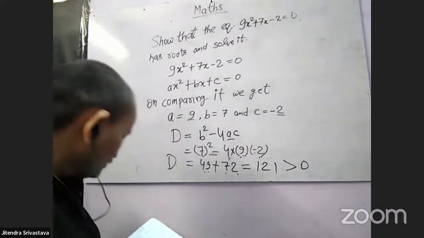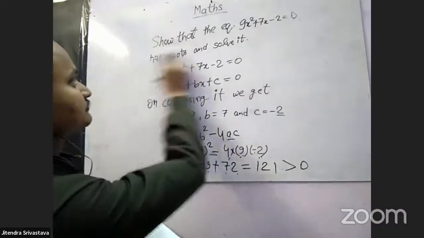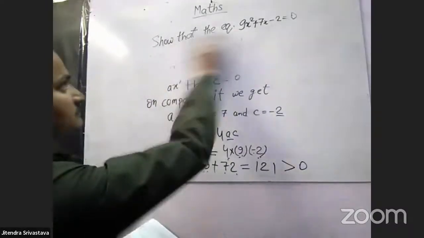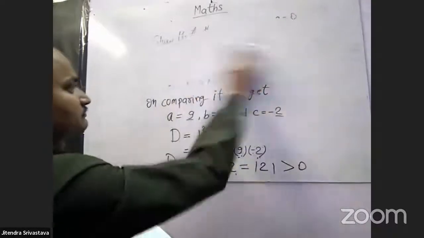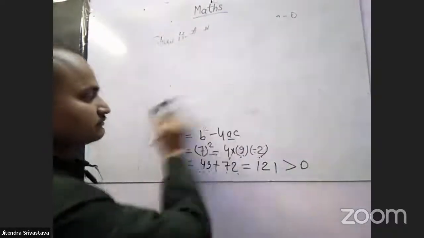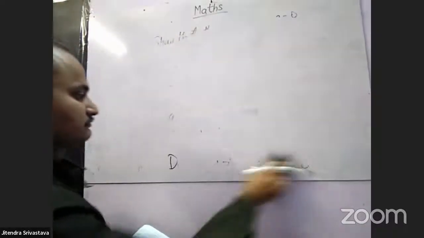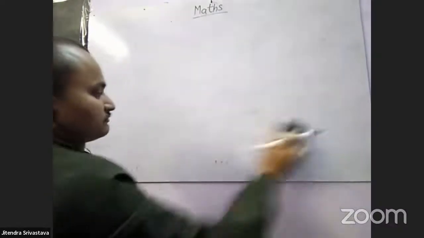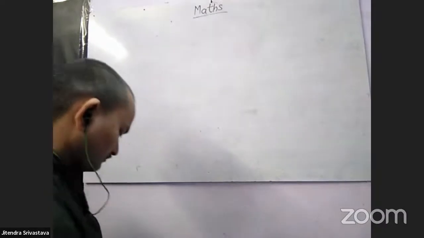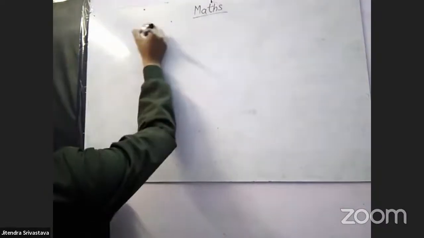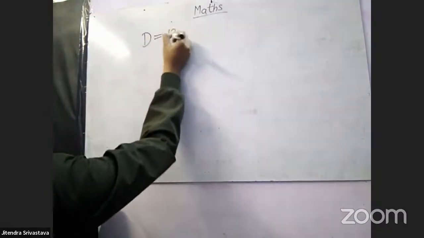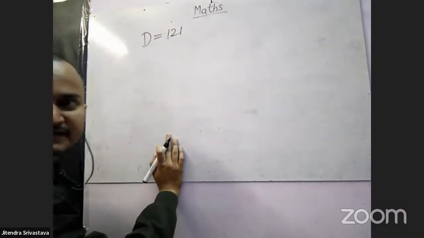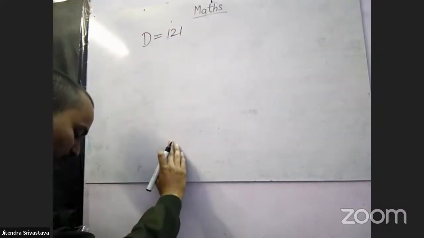Now how will we solve this? I am writing here that the value of d is 121 and the roots will be real.